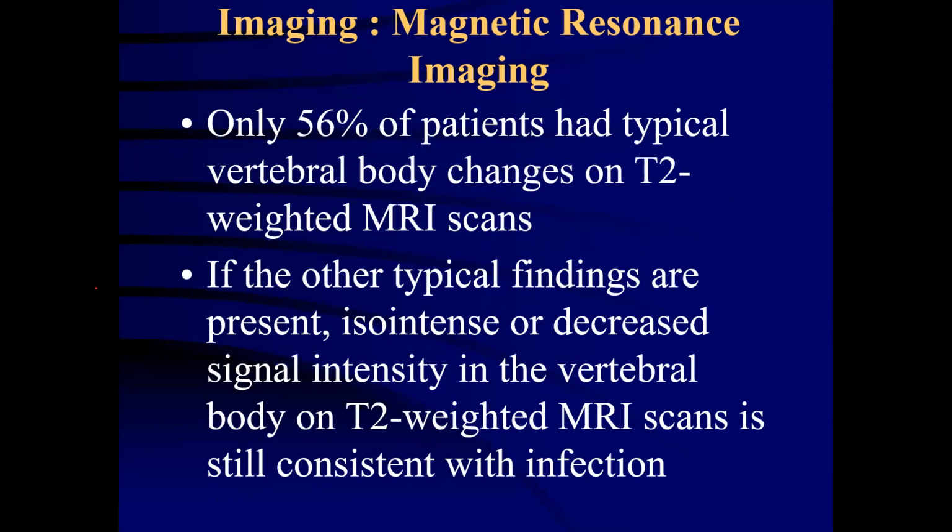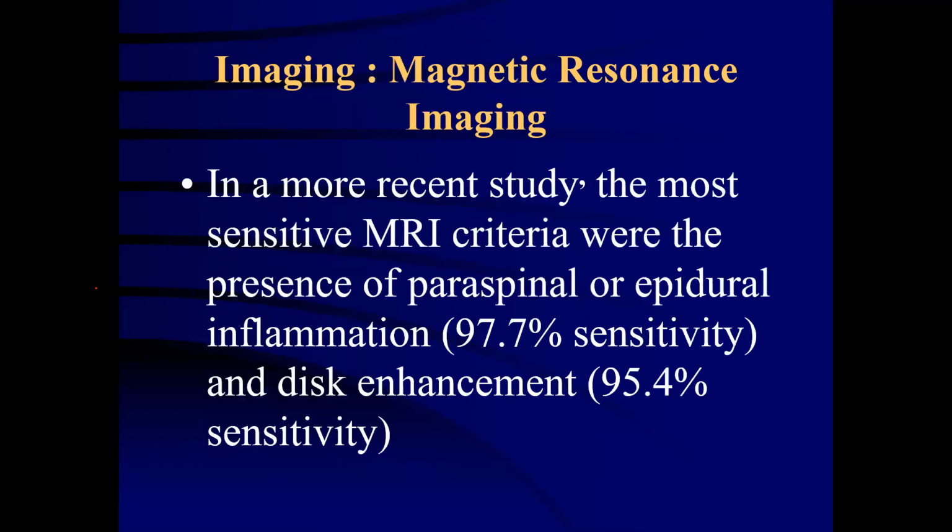Only 56% of patients had typical vertebral body changes on T2 weighted MRI scans. If the other typical findings are present, isointense or decreased signal intensity in the vertebral body on T2 weighted MRI scans is still consistent with infection.